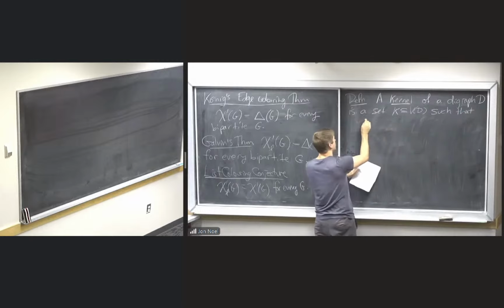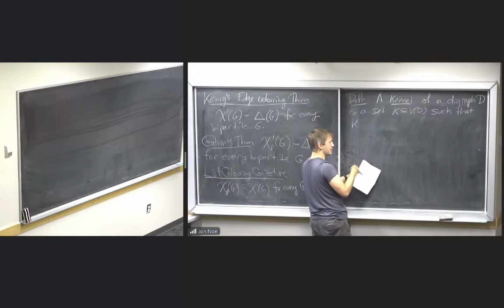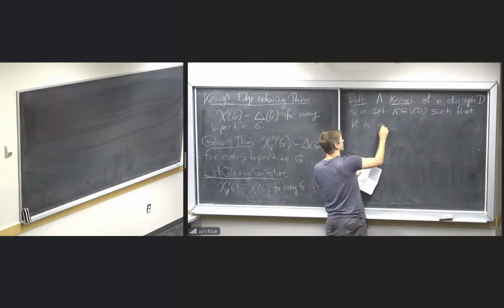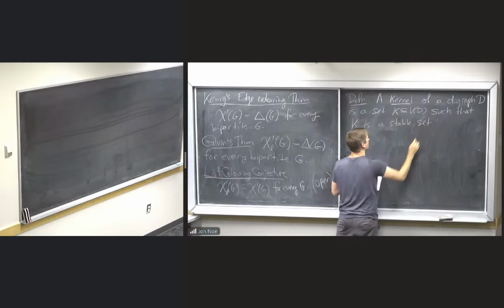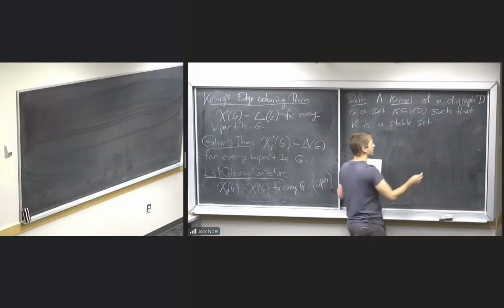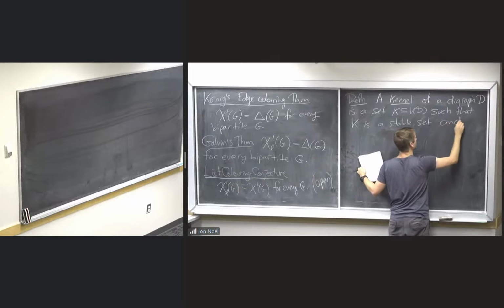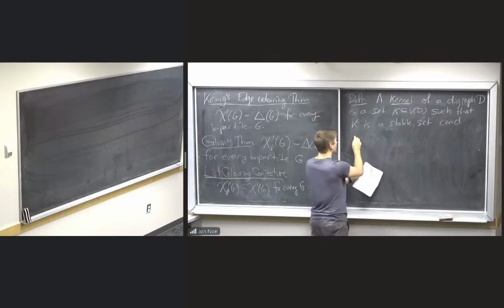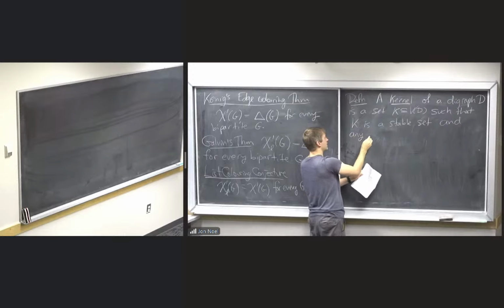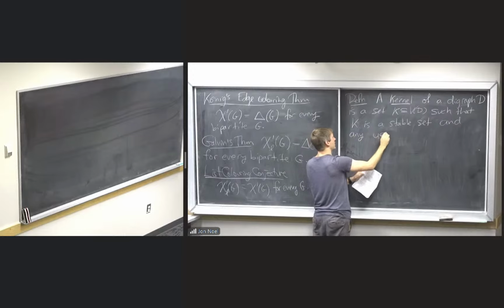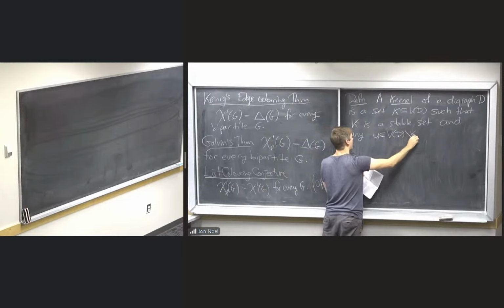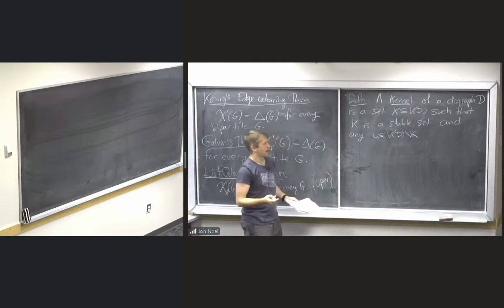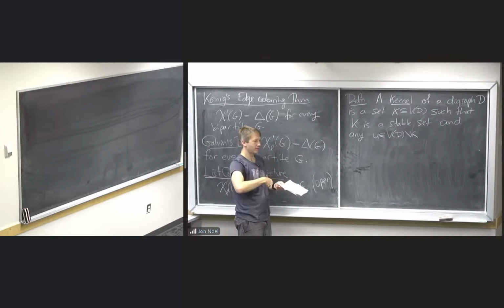First of all, K is a stable set, so it has no arcs inside of it. And any vertex that's outside of K, so in the vertex set of D take away K, has an out neighbor in K.